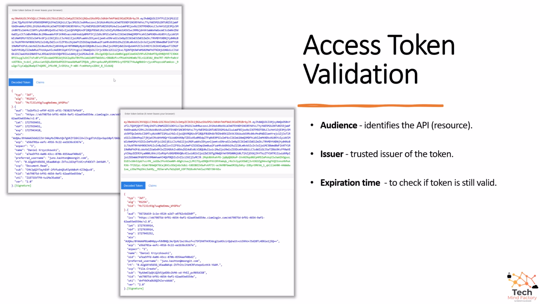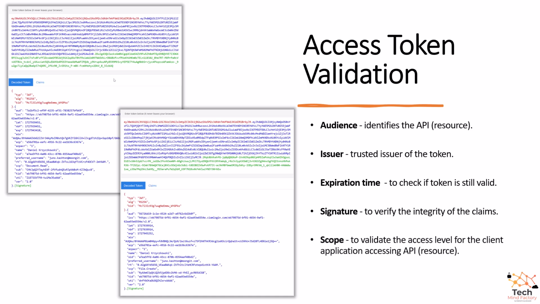Expiration time, very important still, because if the token is expired, we should not accept it, and we should not allow to proceed with different kinds of operations on the API side. Signature, the same process as for ID tokens. We have to validate whether it was signed by the identity provider we trust.